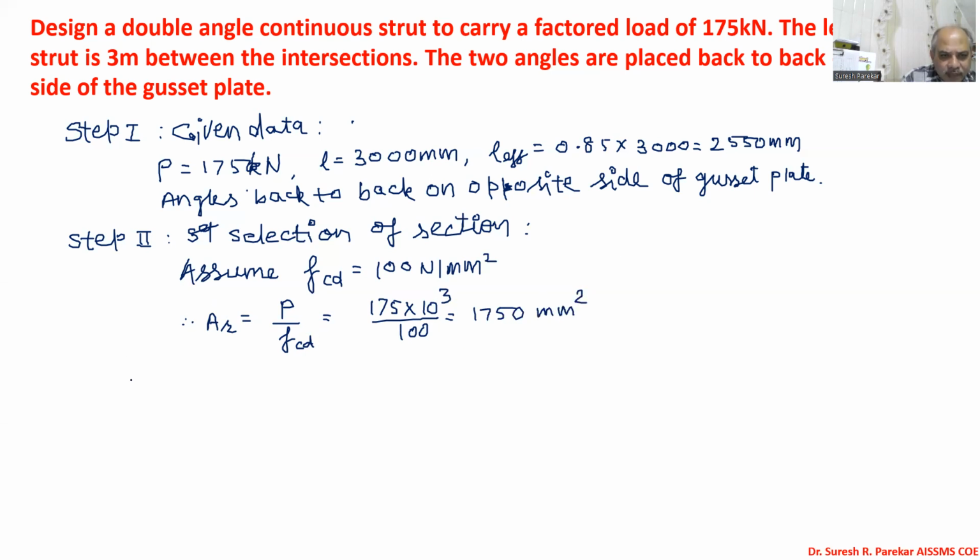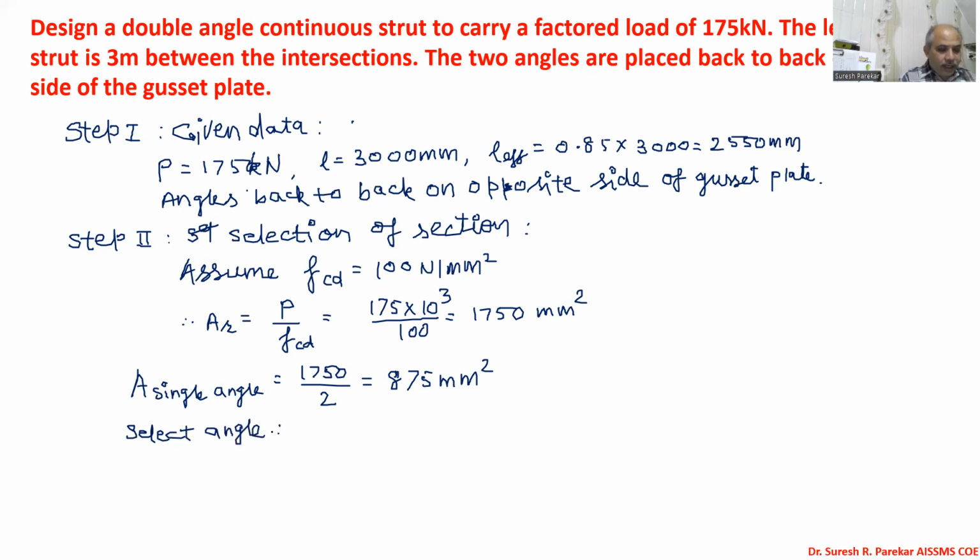Then area for single angle is 1750 upon 2, so we have 875 millimeters square. Now we have to select the angle.